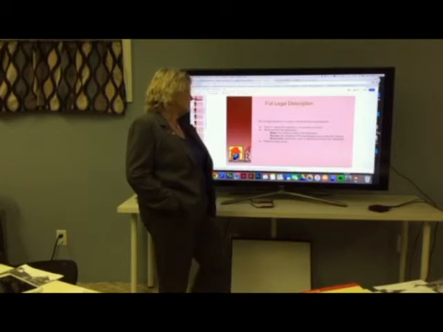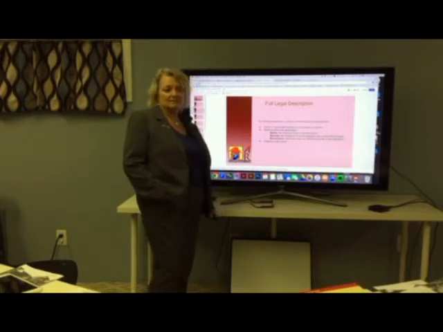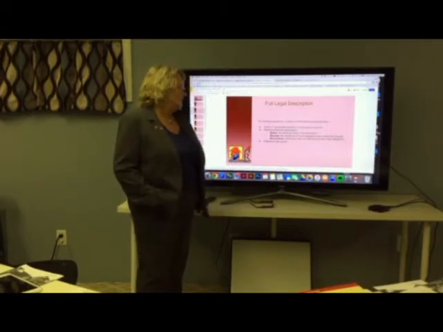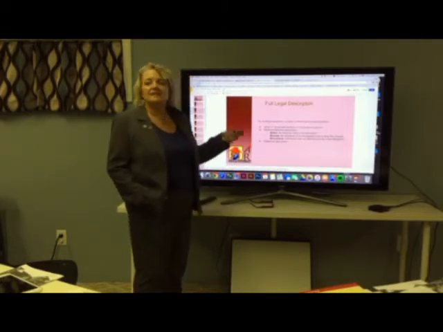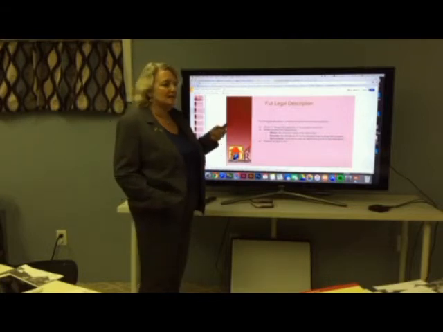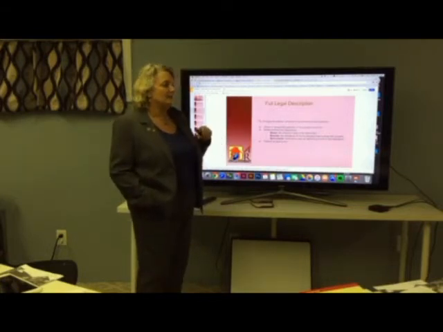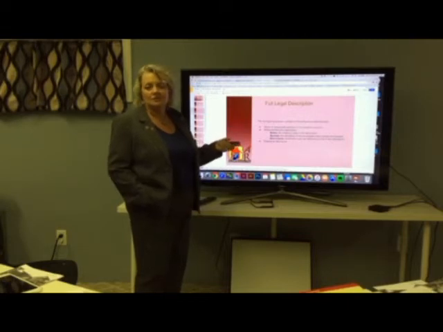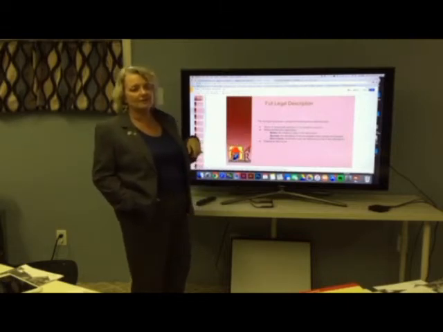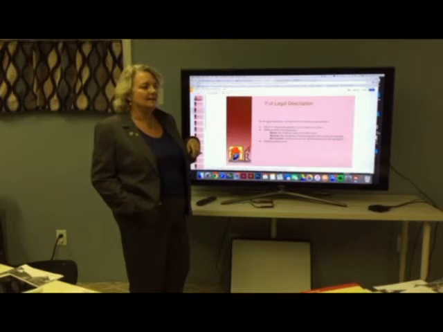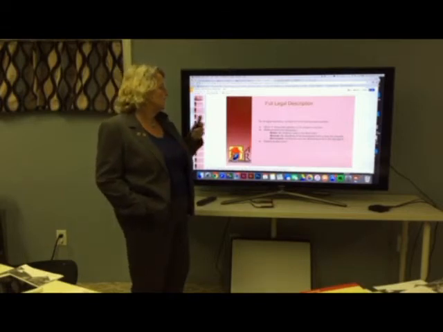It could be like a single family dwelling located on 0.13 acres of land found on map 32, lot 41. And then they would also identify the book and the page.